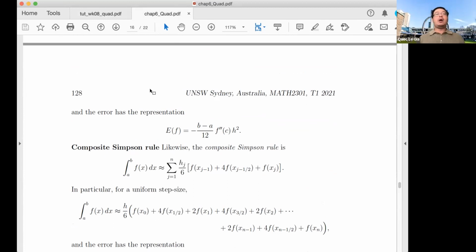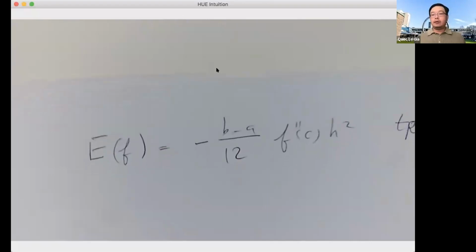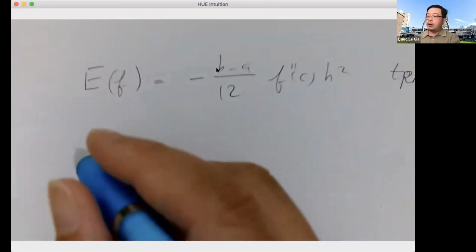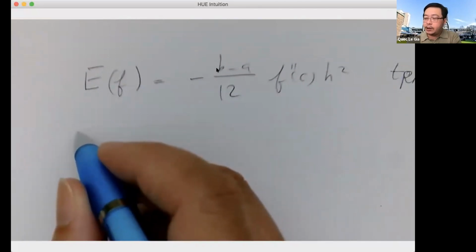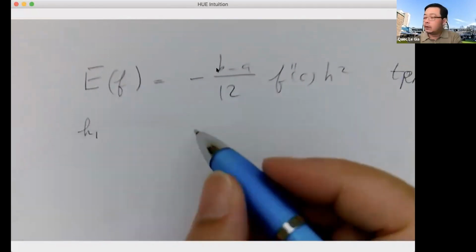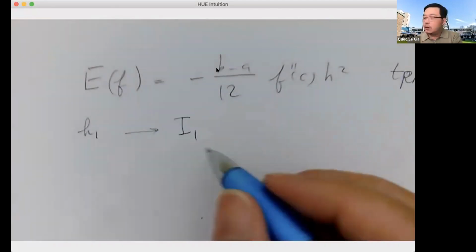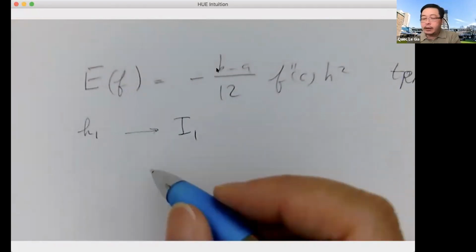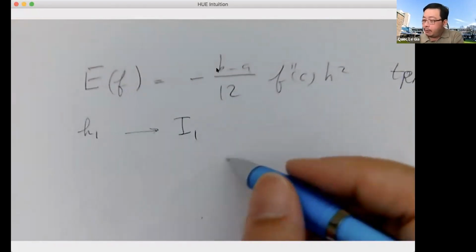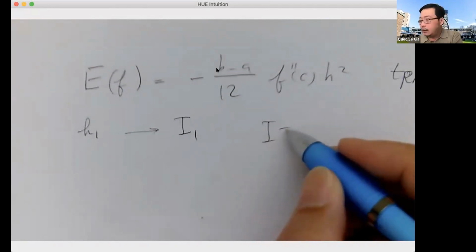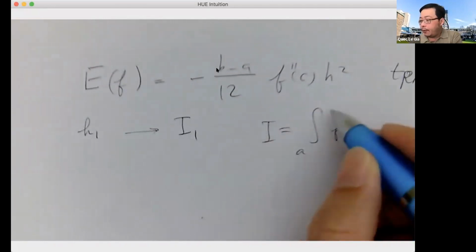Now I'm going to show you that. Suppose you take a trapezoidal rule with step size h1. Then you get something like I1. What is I1 in terms of the exact integral? Remember the exact integral I is the integral of f from a to b.